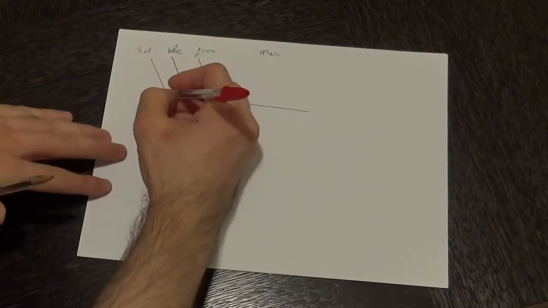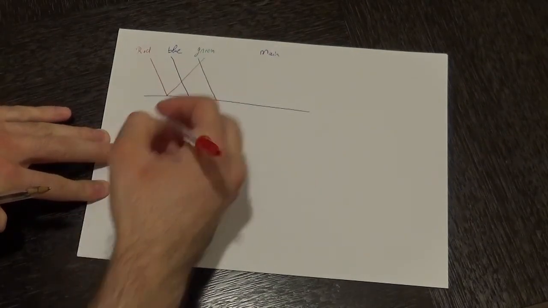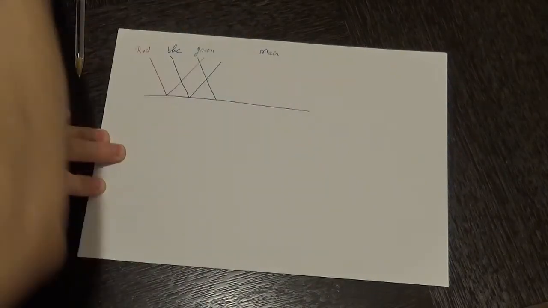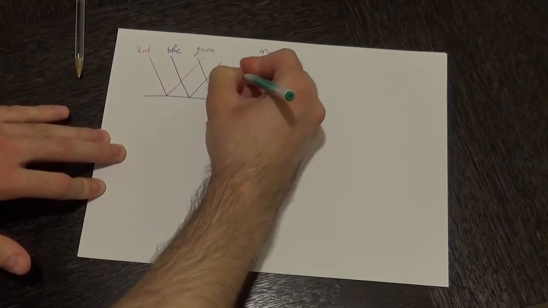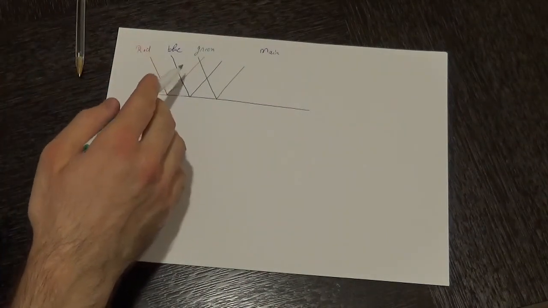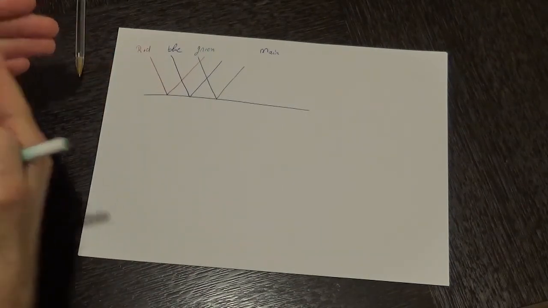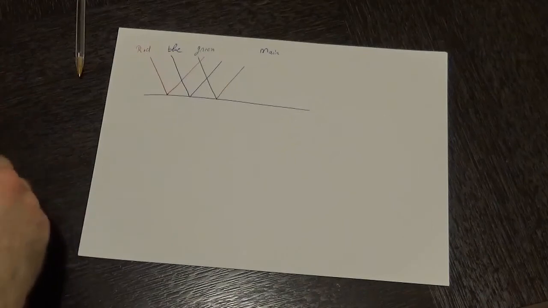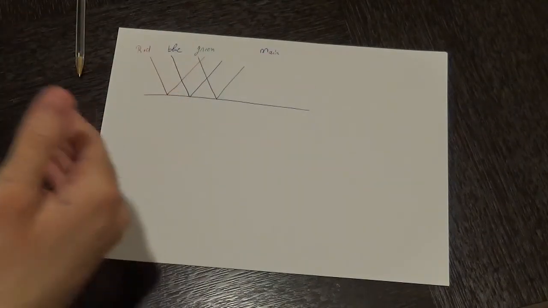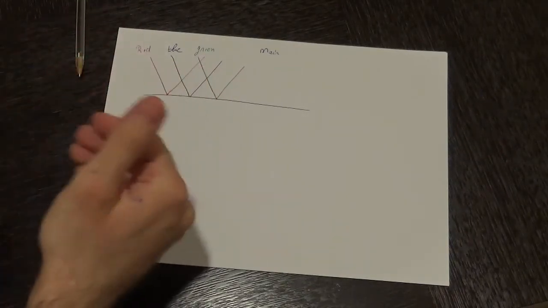So first you are going to have the red color being reflected, followed by the blue color, followed by the green ray of light. As we can see, the reflected rays of light have preserved the same order of colors simply because the reflected and the incident rays of light are both present in the same medium, which is free space. Therefore, the index of refraction is not going to play any role in the order in which these rays of light are reflected.